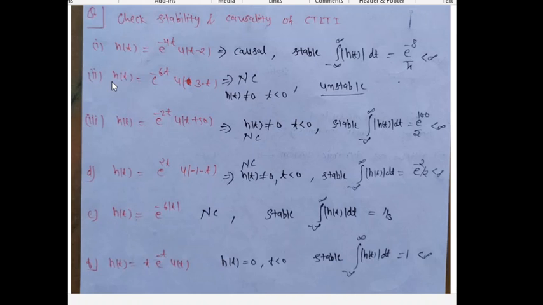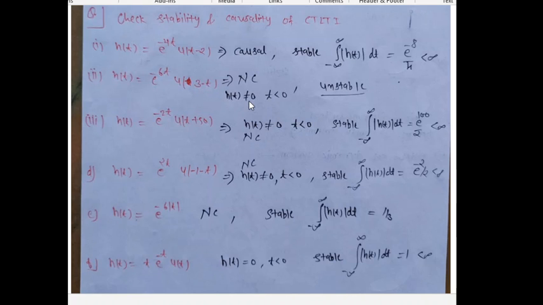The second question is given as s(t) equal to e to the power minus 6t u(3 − t). So this system is not causal because 3 minus t should be greater than 0, then t less than 3. So t should be less than 3 in this condition.